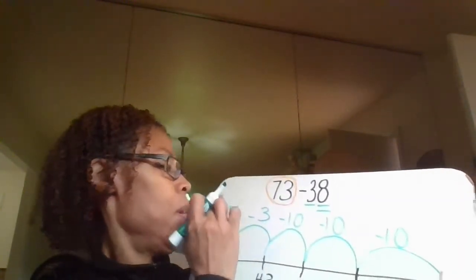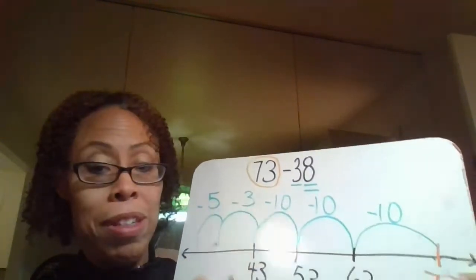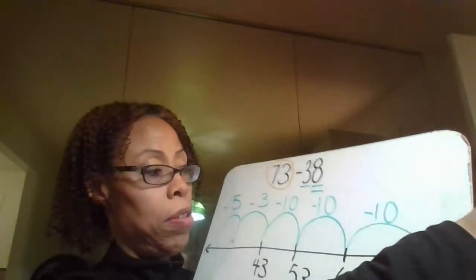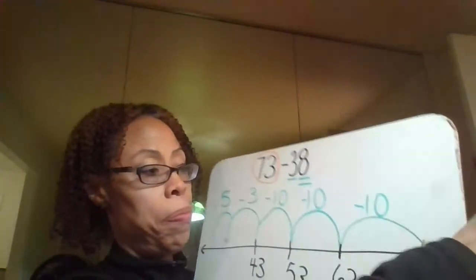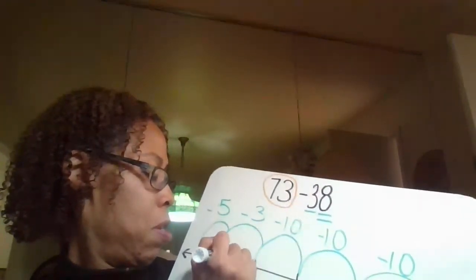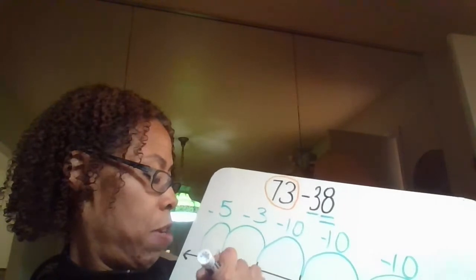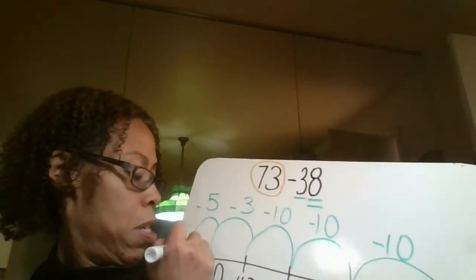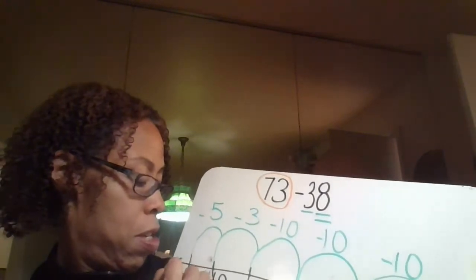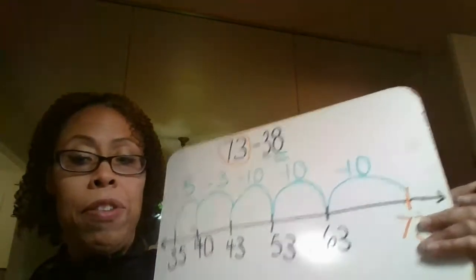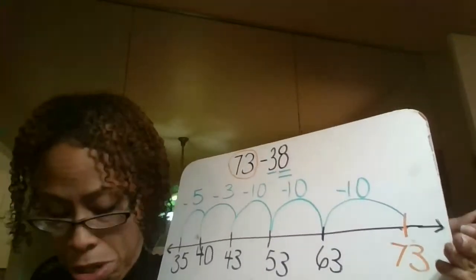So 43 minus 3, it's easier to subtract that. 43 minus 3, we know, is 40. Let's put that hash mark and write 40. Now 40 minus 5, put the hash mark, and that is 35.